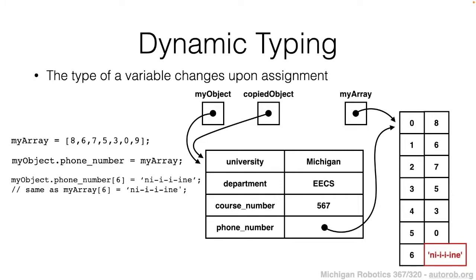It'll actually update that element of the underlying data structure with a string. And so again, this happens implicitly. The programmer didn't have to typecast that element of the array or dynamically cast it. It will automatically be converted underneath the hood. So that covers at a high level some of the key details about data types and data structures within JavaScript.